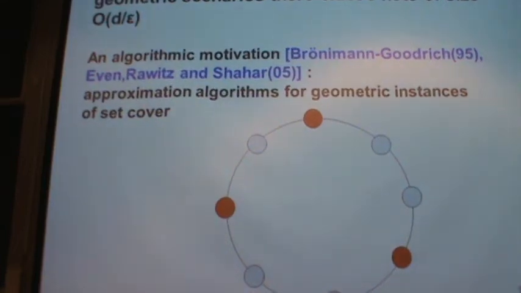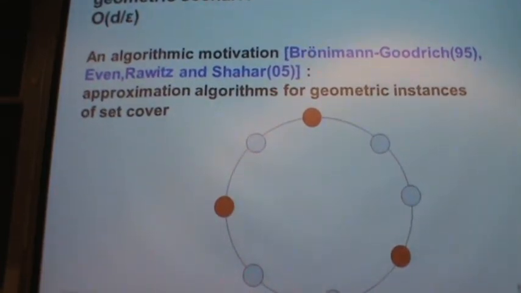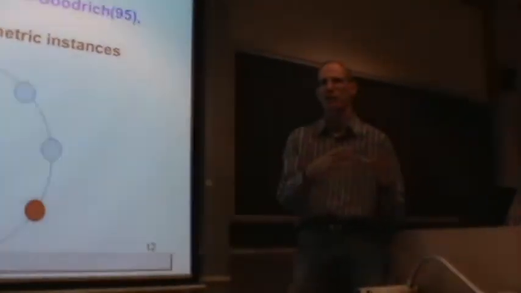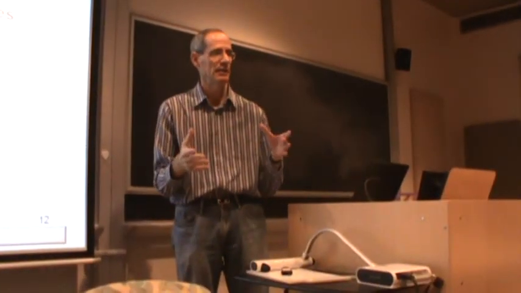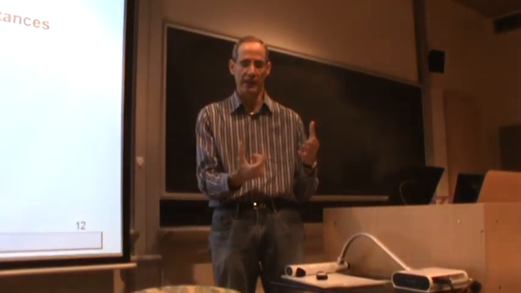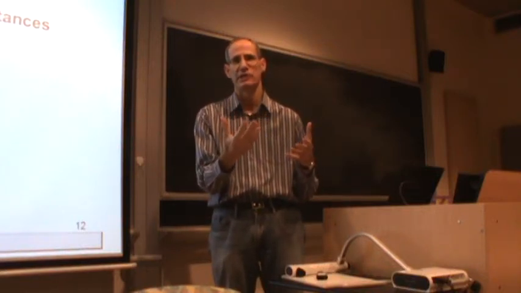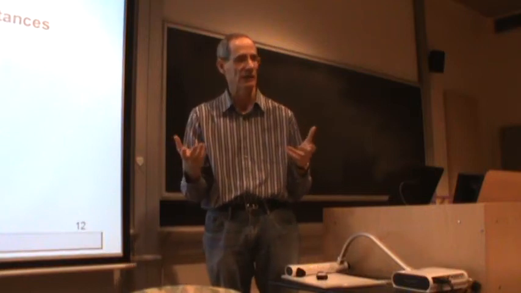Let me just say that if we look at some geometric instances of the set cover problem, you can think about, I don't know, you have again points in the plane, you have a collection of triangles, let's say, and you want to find the minimum possible number of points that intersects all the triangles.